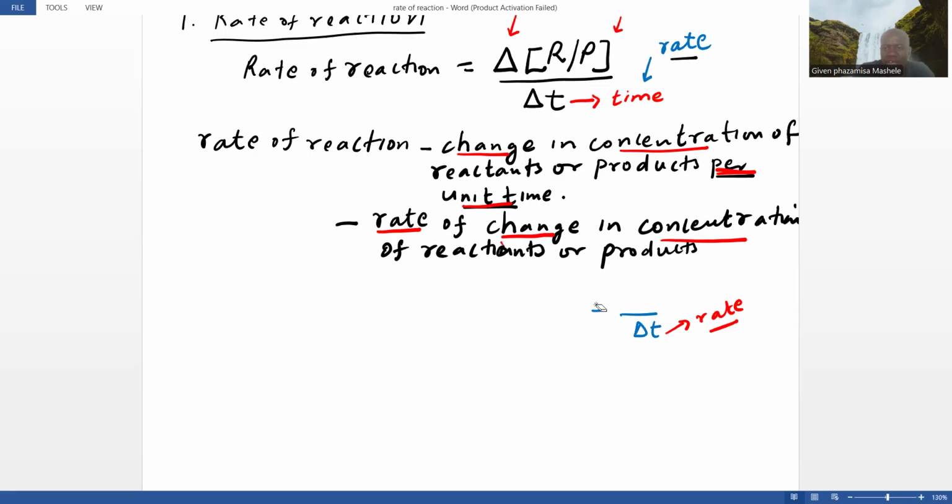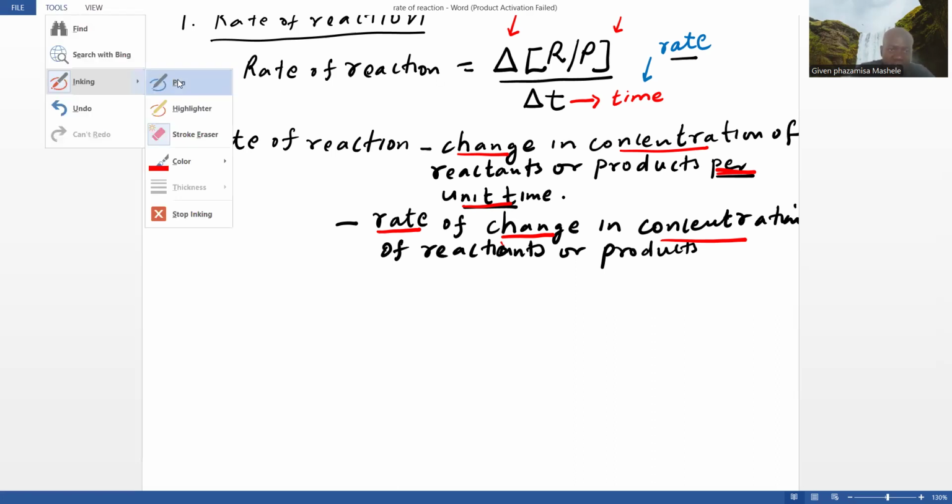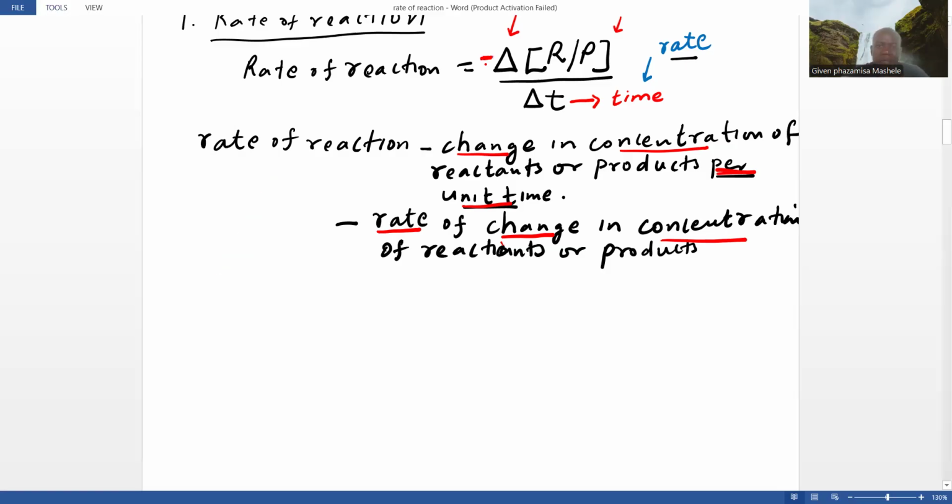It's very important for a learner to be able to define this. Just looking at the formula, you can be able to know that. But usually in the rate of reaction formula, they actually put a minus here. In most of the reactions, they use a minus here, which we'll talk about later.